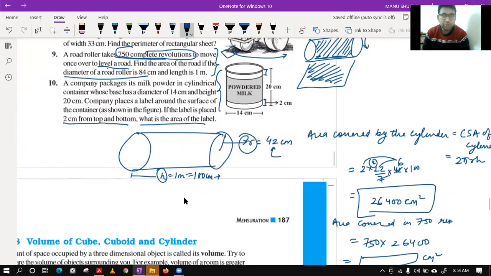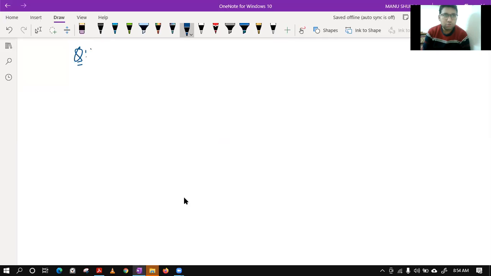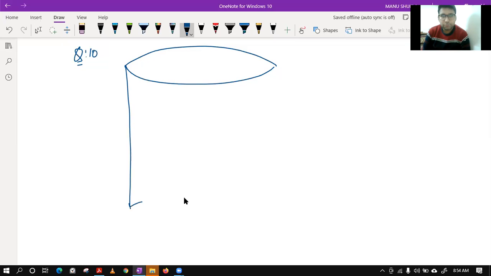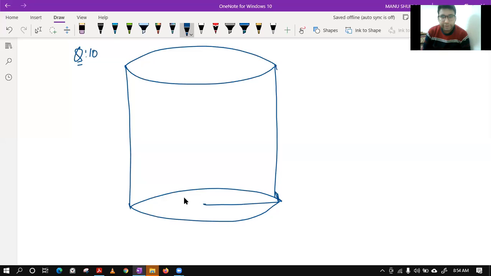This is question number 10. So this is the radius.